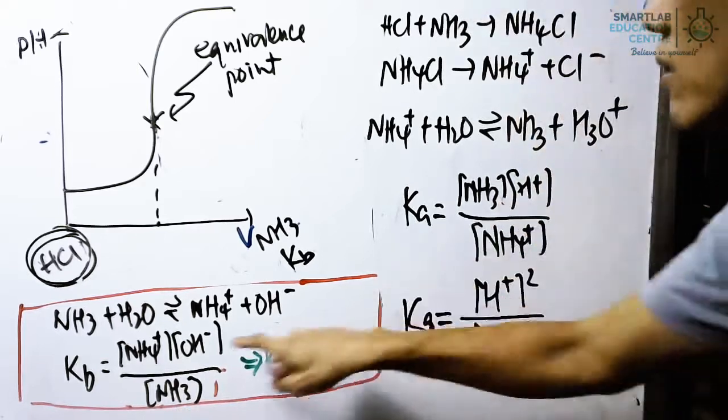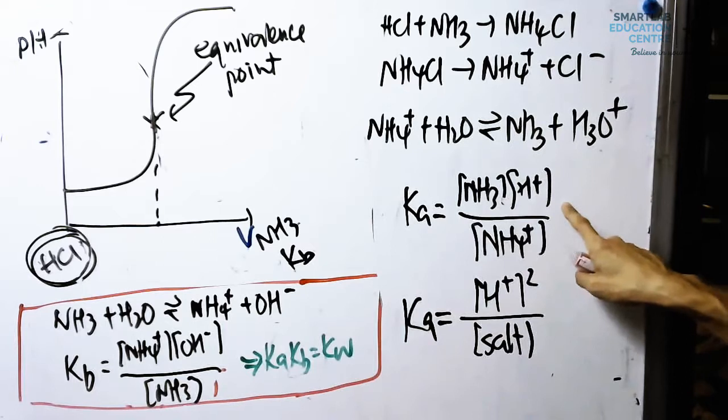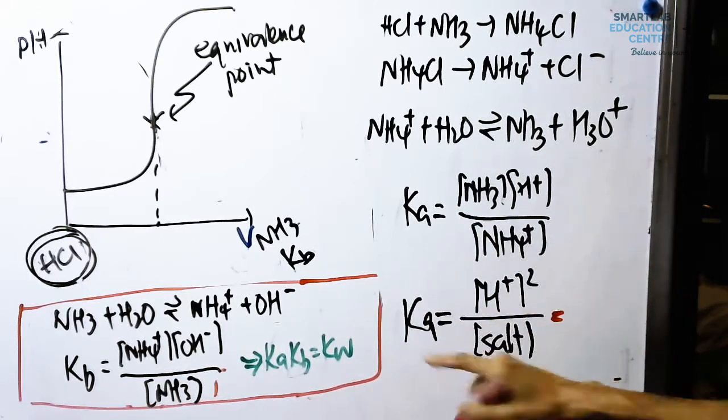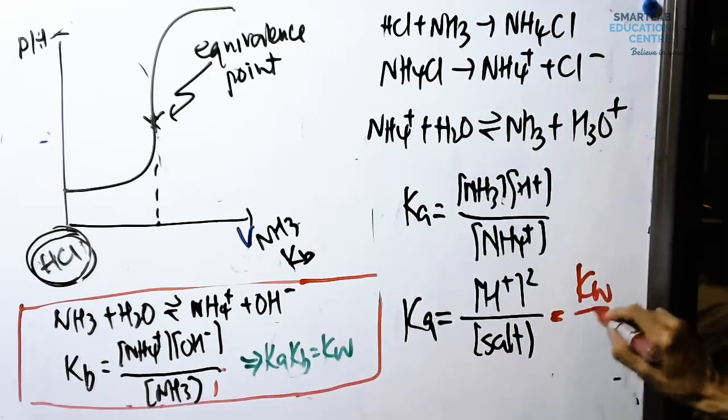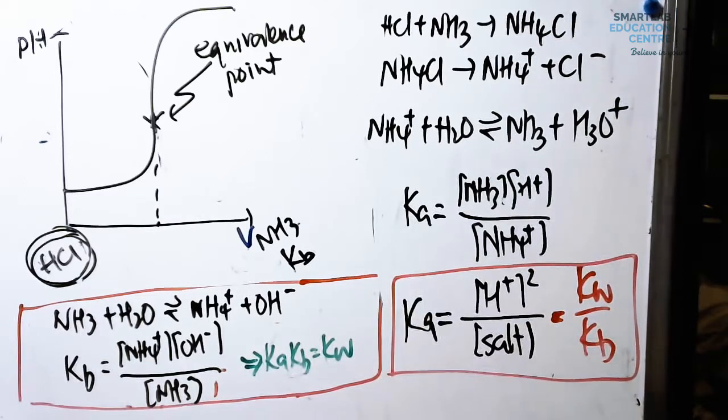If they multiply together, you will also end up with OH- multiplied by the concentration of H+. That is your Kw, which allows us to conclude that Ka is equal to Kw over Kb. So this is a formula that we use to calculate the pH of an acidic salt that's produced from a weak base.